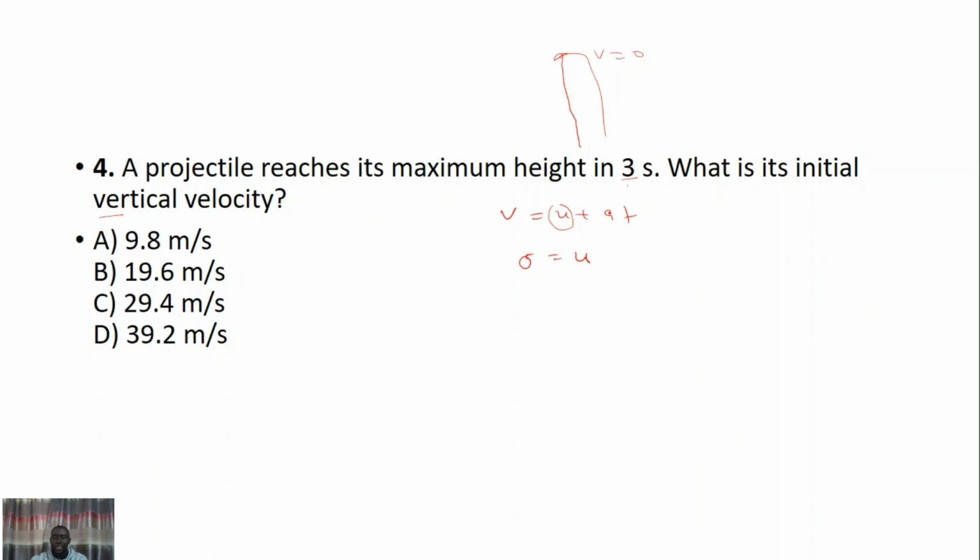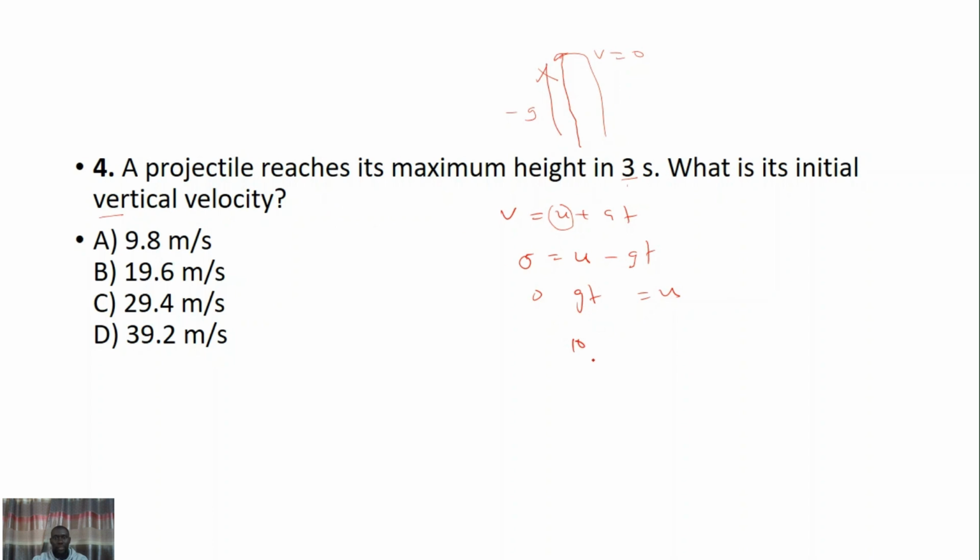And a will be minus g because it is going up like this. So a will be equals to minus g. So this will be minus gt, okay, which is equals to gt equals to u, and u will be equals to 10.